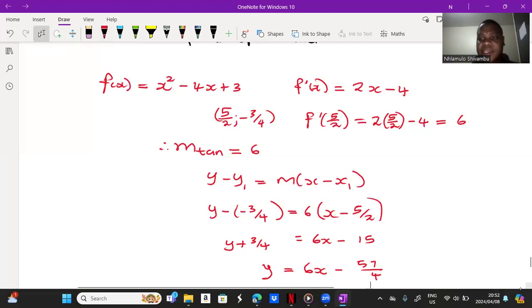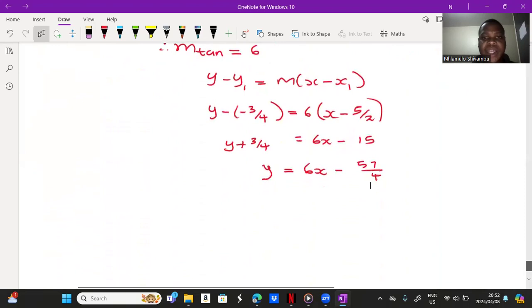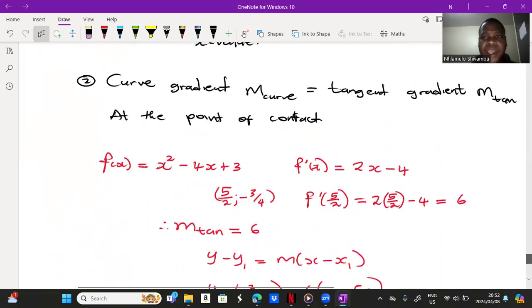You must always use these two principles to get the equation of the tangent to the curve. So what I want you to do here, I need you to try one example where you have a cubic function and get the equation of a tangent to that cubic function following the same steps.